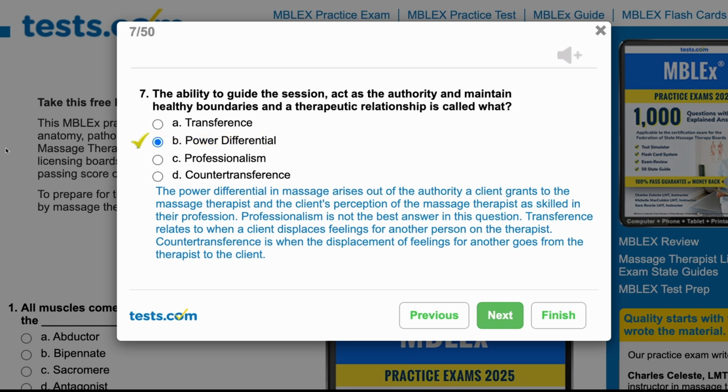The power differential in massage arises out of the authority a client grants to the massage therapist and the client's perception of the massage therapist as skilled in their profession. Professionalism is not the best answer in this question. Transference relates to when a client displaces feelings for another person on the therapist. Countertransference is when the displacement of feelings for another goes from the therapist to the client.